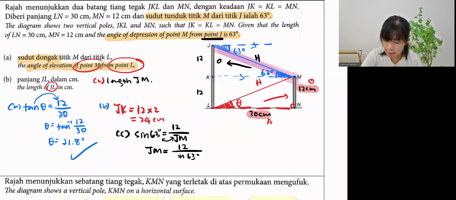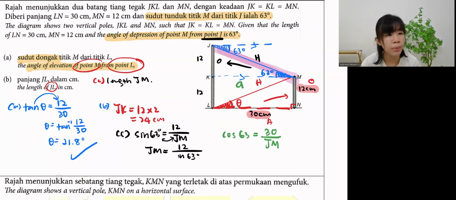Wait guys. Just now I use 12. If I use other, let's say OA, okay, if I use AH, we try cos. Cos 63 equal A over H. A is 30. H is JM. Okay, guys, can you find this for me? What will be the answer? We try different method and see.